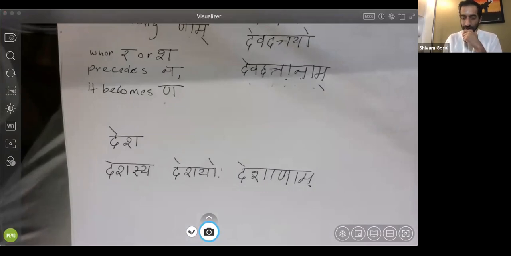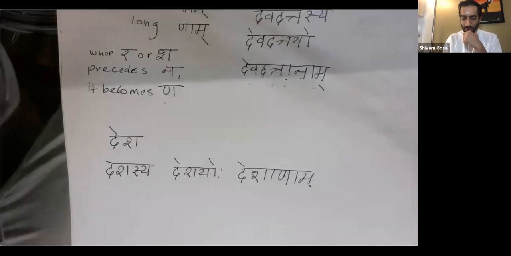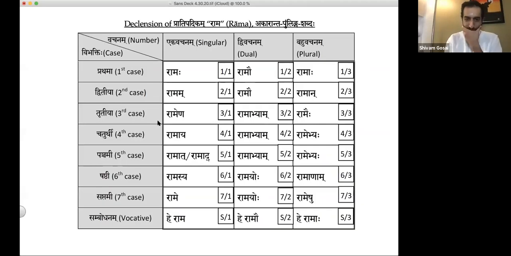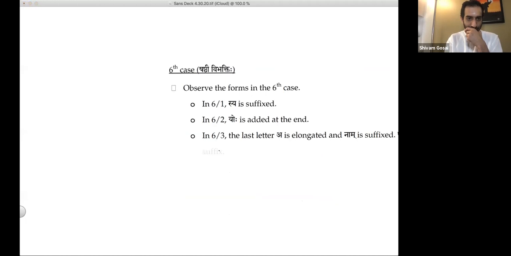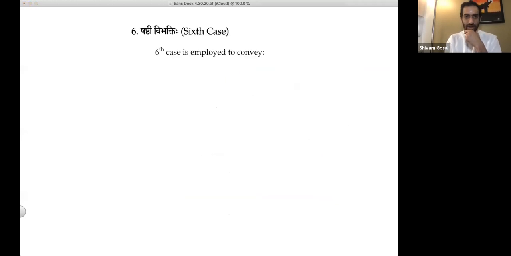Okay, now, so I hope that's clear. Now we'll go back and we'll start looking at the meaning of this. Okay, so if we look at what sixth case is used for, let's look at page 175 of the textbook. On page 175, you'll see this at the top there.